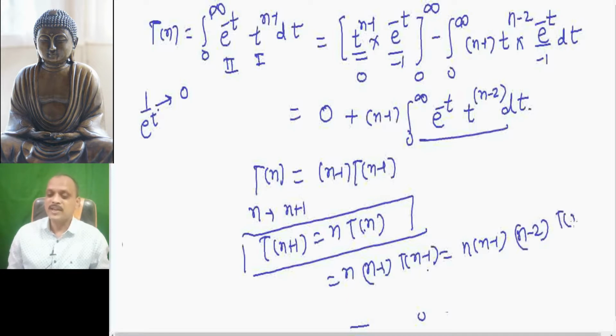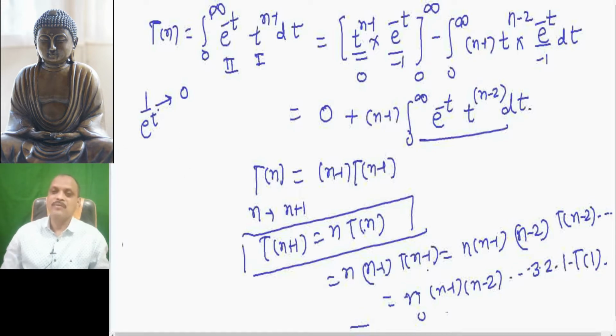Again, applying the same criteria, n into (n minus 1) into (n minus 2) into gamma of n minus 2. If we continue this process, then we arrive at n into (n minus 1), (n minus 2) up to 3 into 2 into 1 and gamma of 1.